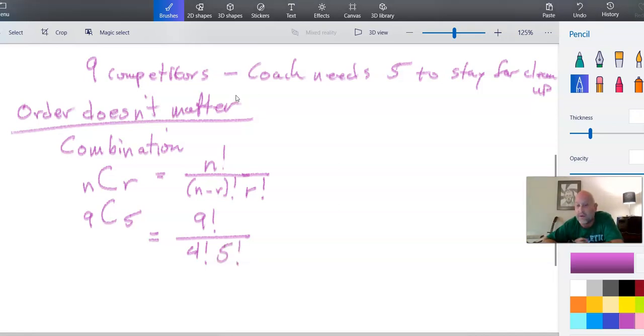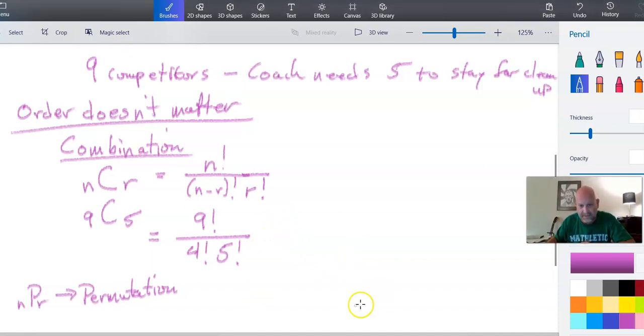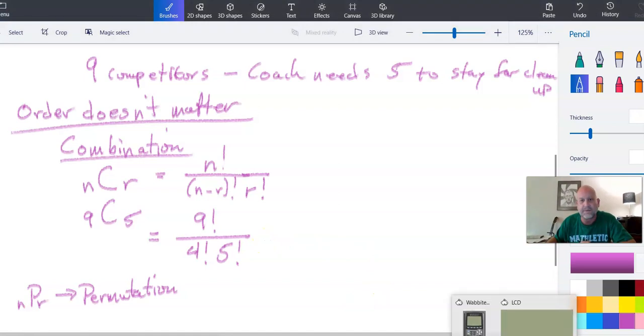And it'll be a smaller number than the permutation, right? nPr is called a permutation, by the way. And these are called combinations. So let's see if we can go ahead and calculate that. See what it comes out to, because it's going to be a pretty big number.